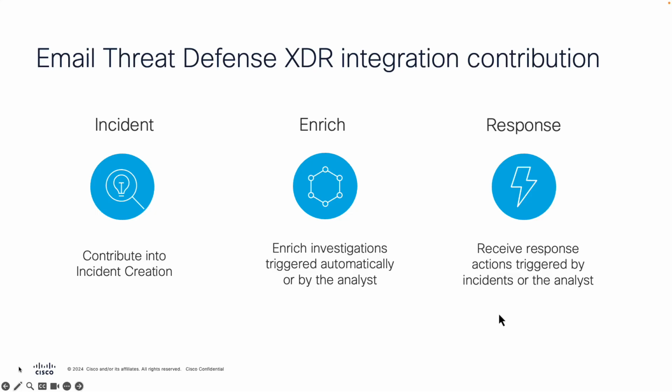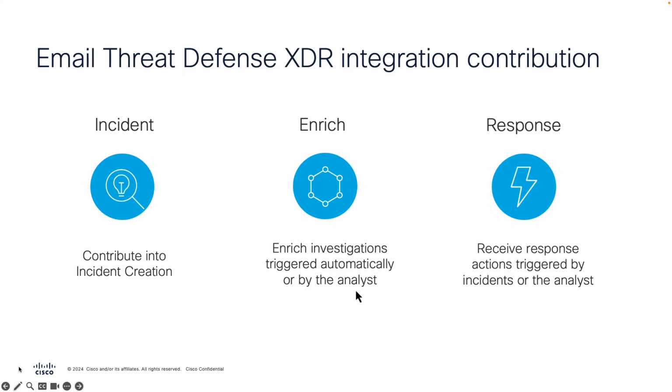To recap, with email threat defense and XDR integration, we have seen three types of contributions. First, incident creation, where detections from email threat defense contribute into incident creation and alert chaining when there is a possibility for that, depending on the severity and the connection of that event with other events coming from different sources.